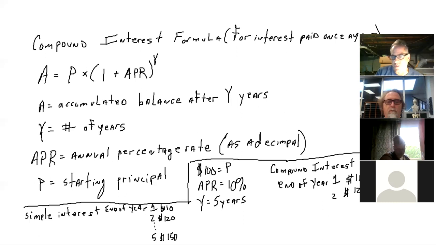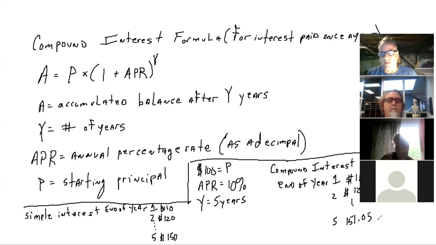Notice that's $1 more than the simple interest situation. And you would continue then. So to get the end of year three, you'd be multiplying again 0.1 times 121, which comes out to about $12.10. And anyway, up to year 5, you would end up now with 151.05.